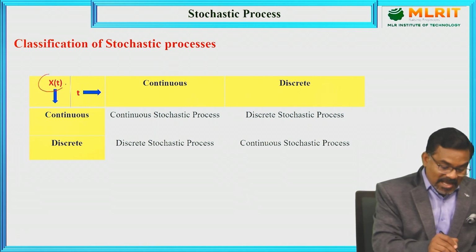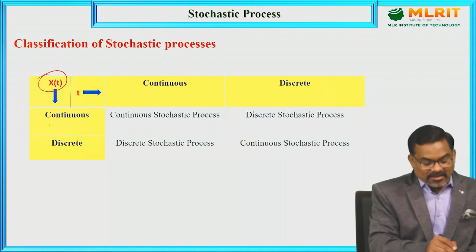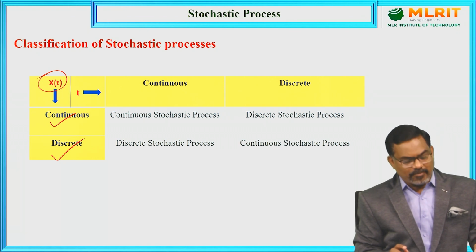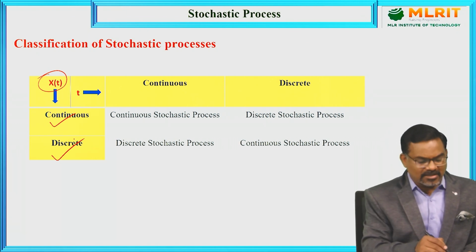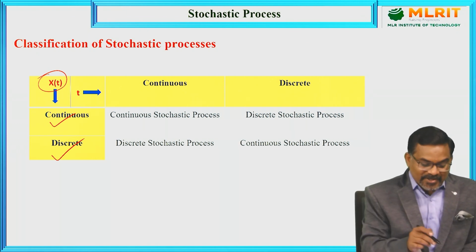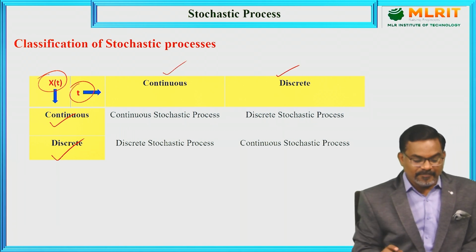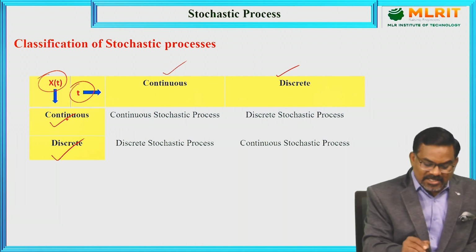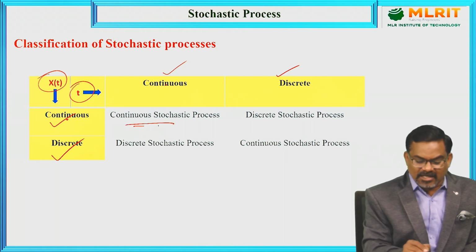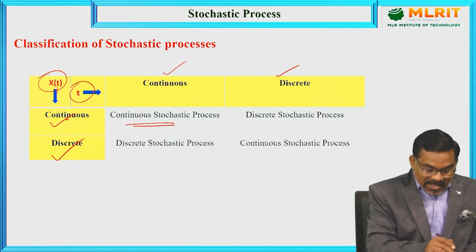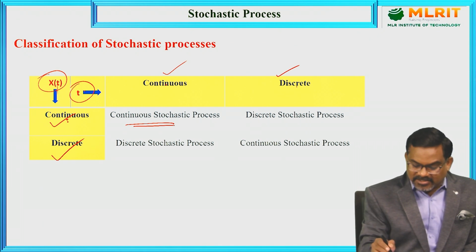So here the sample point x of t is continuous, discrete. There are 2 different cases for a sample point that can be discrete or can be continuous. Similarly, the time t is discrete or continuous. So if both x and t are continuous, then the process is continuous. Now you see here x is continuous but t is discrete.